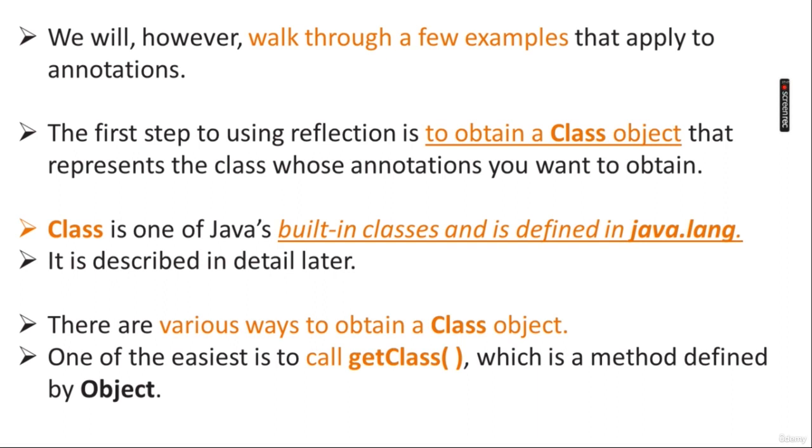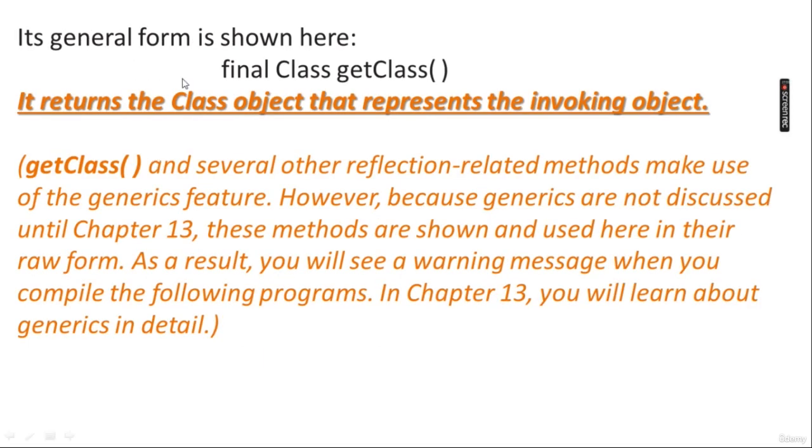There are various ways to obtain the Class object. One very easy method is getClass, which is a method defined by Object: final Class getClass. It returns the Class object that represents the invoking object. So there are some points: getClass and several other reflection-related methods make use of the generic features.